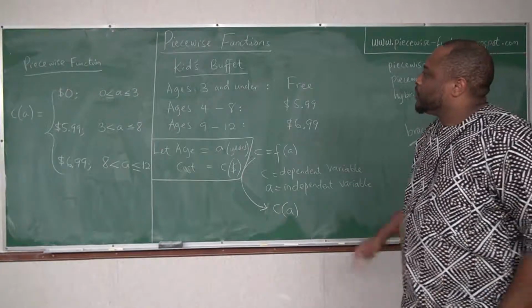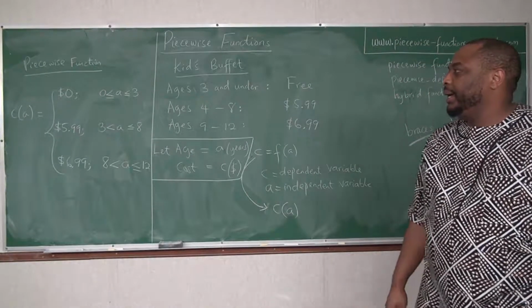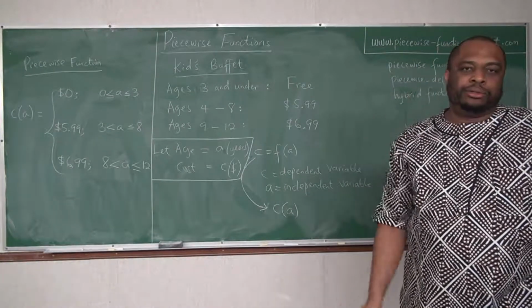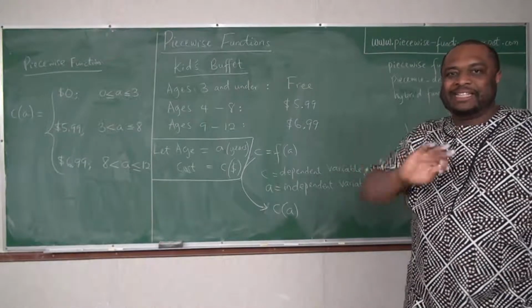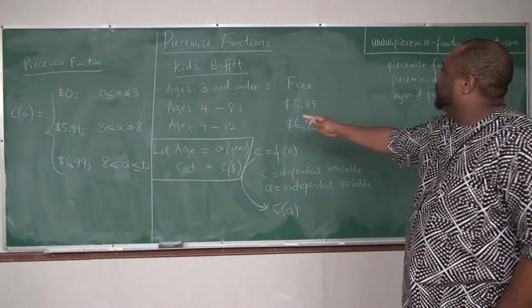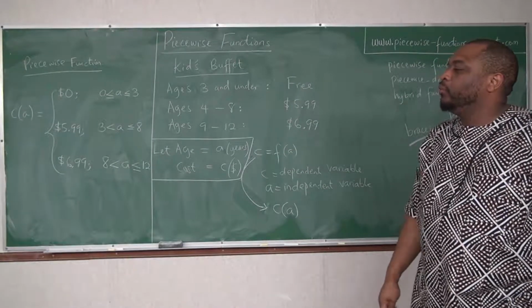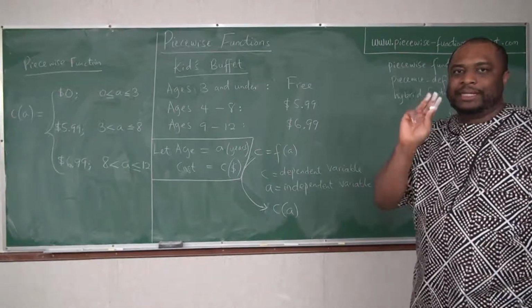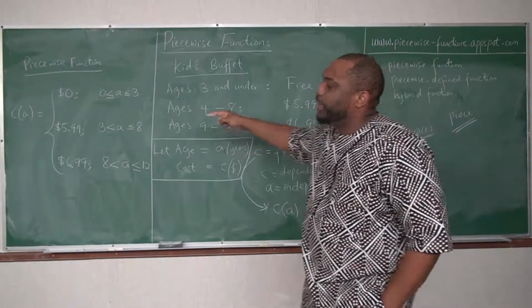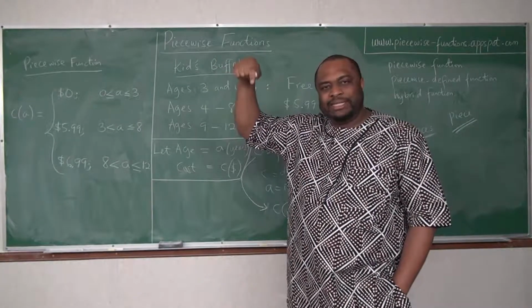So, if I ask you this question now, let's say Peter is 3 years old. What will be the cost of his meal, excluding taxes? 3 years old. So you check, 3 years old is in what piece?